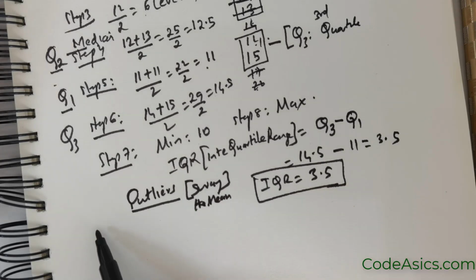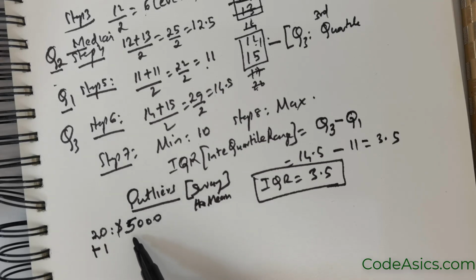Now if you have, say, 20 employees and you are finding the average salary to be $5,000. Now suddenly there is a CEO coming into the frame, and his salary is, say, 100,000.